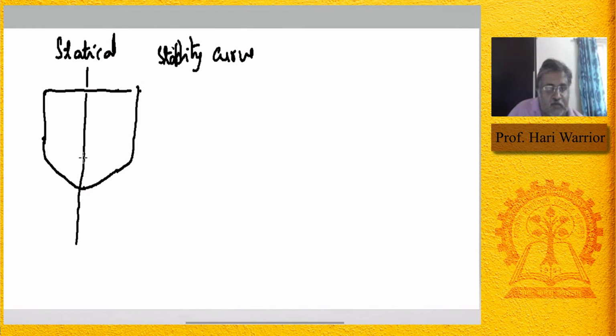Here you have B0. Here you have G, let's say. G is the center of gravity. And this is your initial water line, W0 L0.